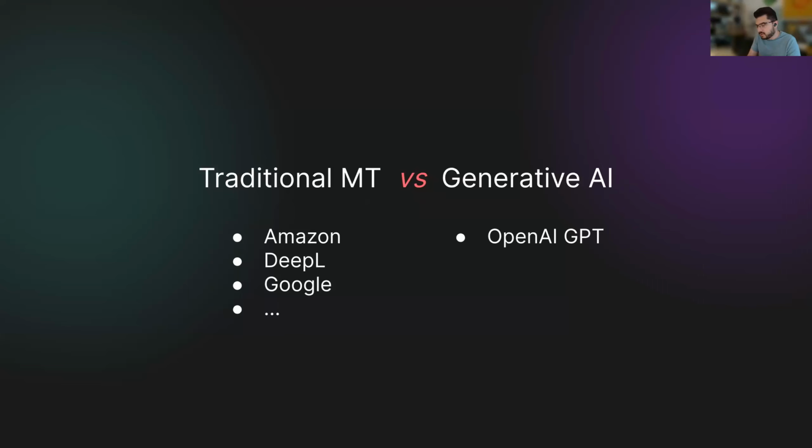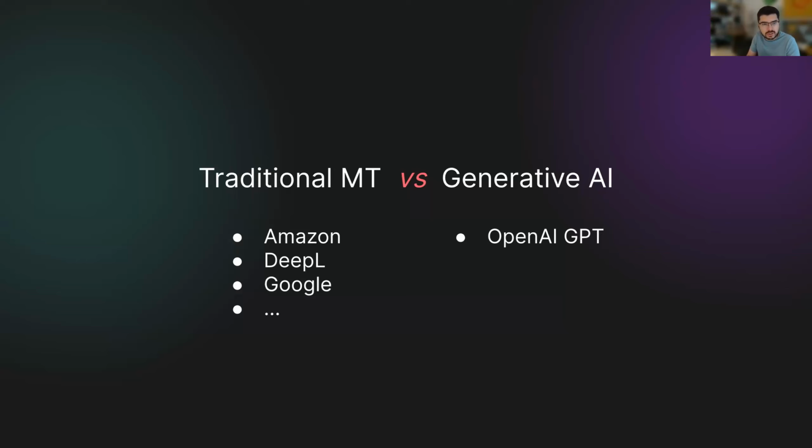By traditional MT, I mean such commercial machine translation engines as Amazon, DeepL, Google, Microsoft, ModernMT, Yandex, all of which are available on our platform. These are the best MT engines to choose from. And Smartcat also allows you to automatically select one of those engines when you use automatic translation inside Smartcat.